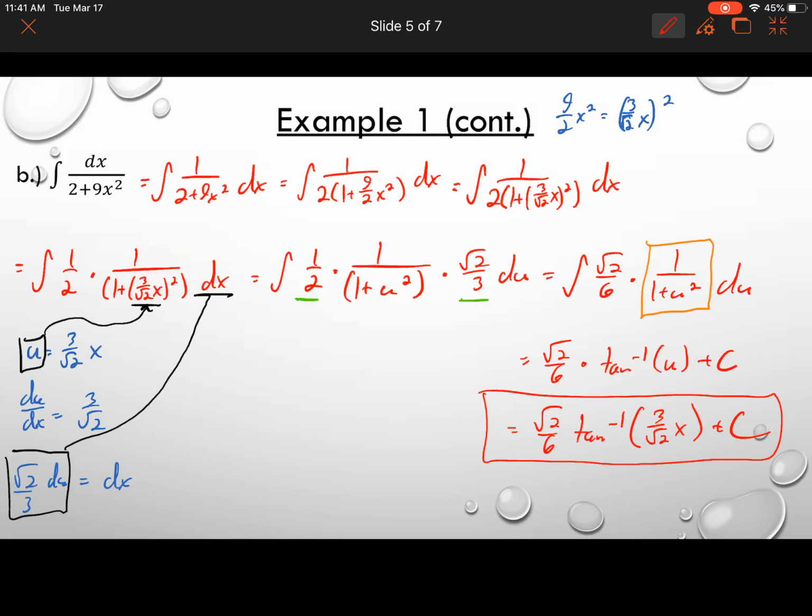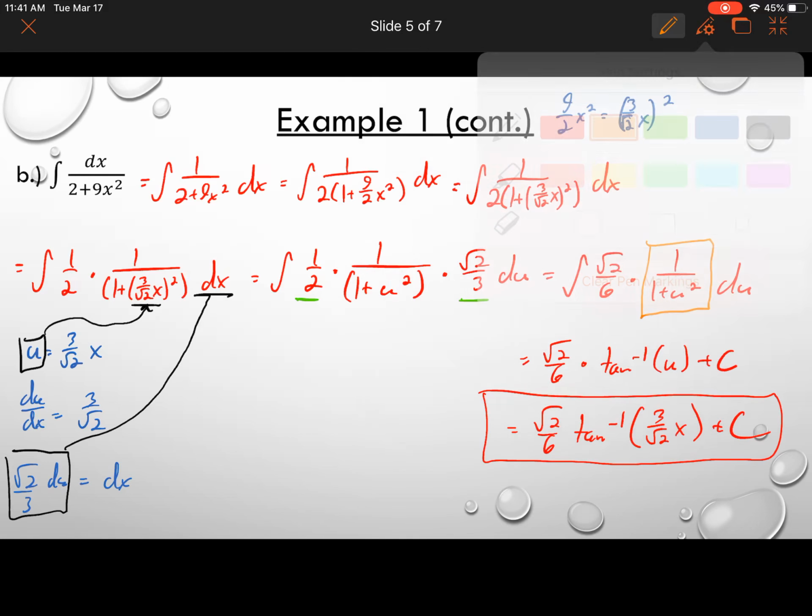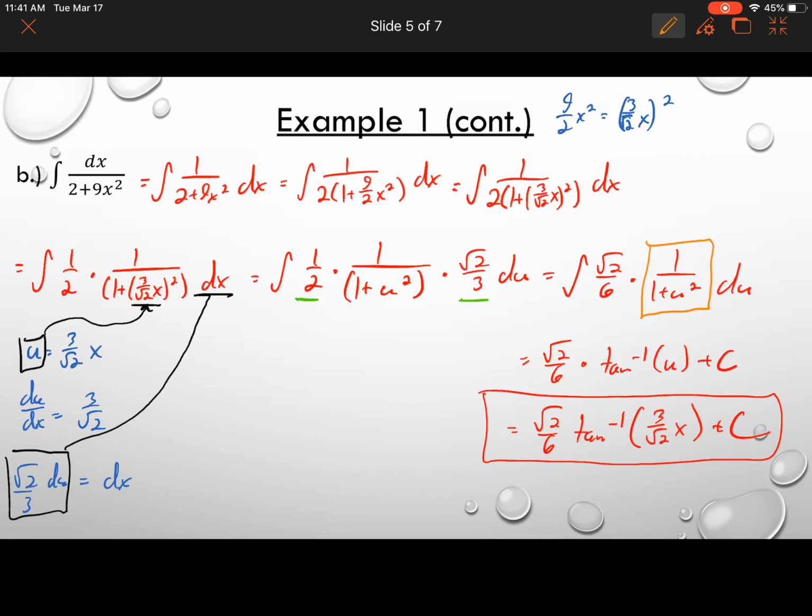So that is inverse tangent. You'll see that the steps are pretty similar to what we did previously. Step 1, we made that 2 into a 1 on the bottom. Step 2, we made that 9/2 x squared into a quantity squared, so 3 over radical 2 x squared.